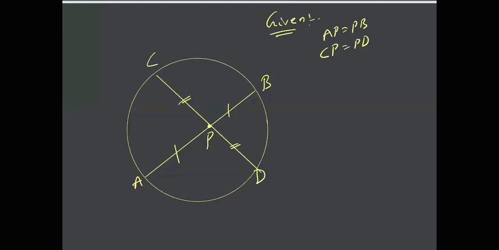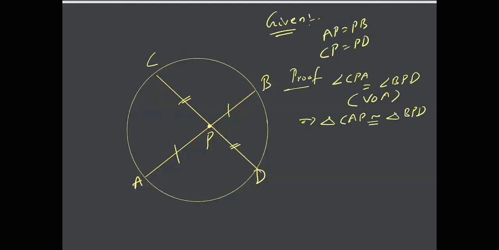Okay. Now let us consider these two triangles. The triangle CAP and the triangle BPD. So these two sides are equal and angles are equal because these are vertically opposite angles. So angle CPA is equals to angle BPD because these are vertically opposite angles. So this means the triangle CAP is congruent to triangle BPD, right?